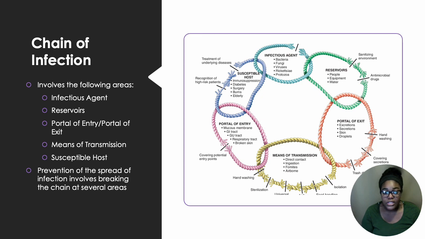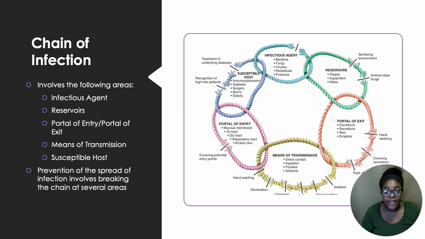So one of the ways that you can break the chain of infection here is by sanitizing the environment if that organism lives on dirty equipment. Or if it lives in an individual, you can use antimicrobial drugs to help kill off that virus or bacteria, whatever the infectious agent is. And that way it won't be able to proliferate and spread.